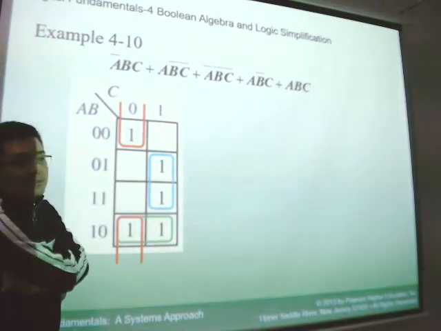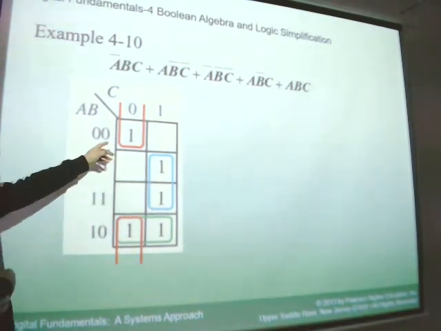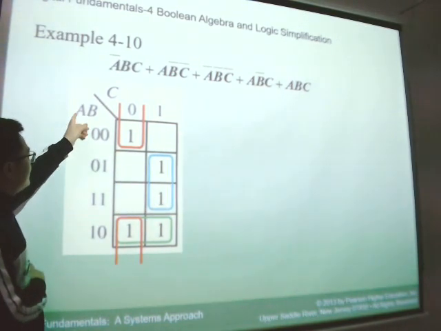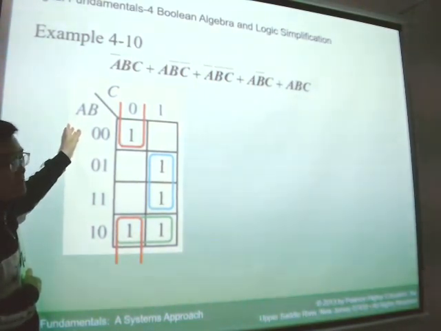Still, this group: for A, it occurs with 0 and 1, so A must be eliminated.